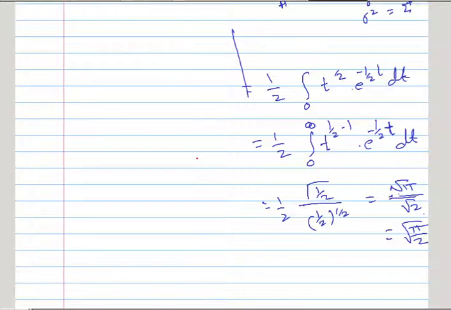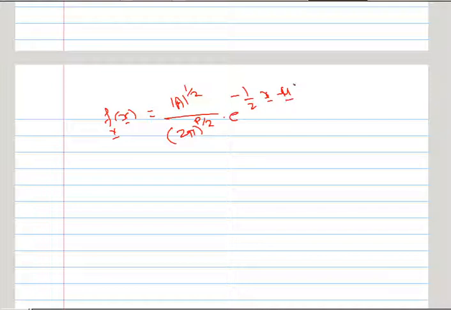So the expression for multivariate normal density will be now this: f of x bar will be determinant of a raised to 1 half divided by 2 pi raised to p by 2 into e raised to minus 1 half x bar minus mu bar, it is kind of a distance measure, into a into x bar minus mu bar.